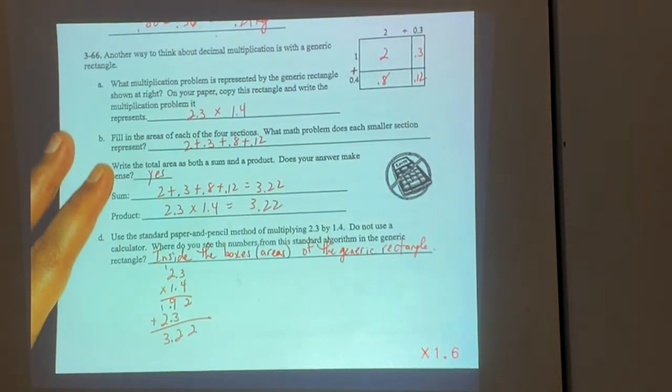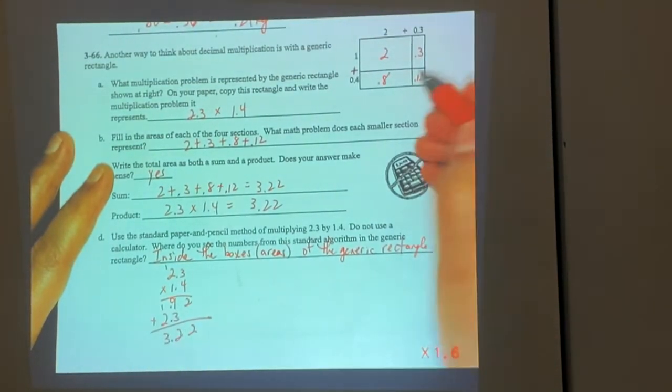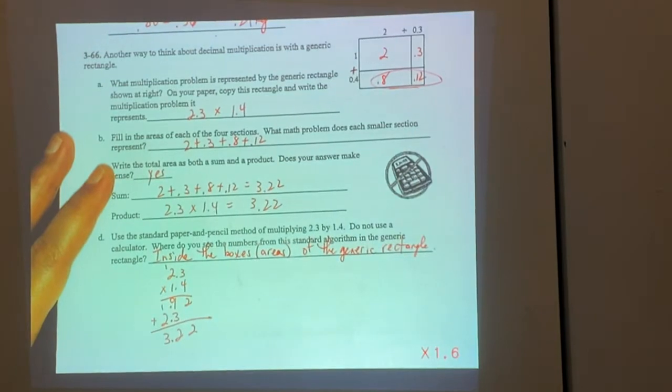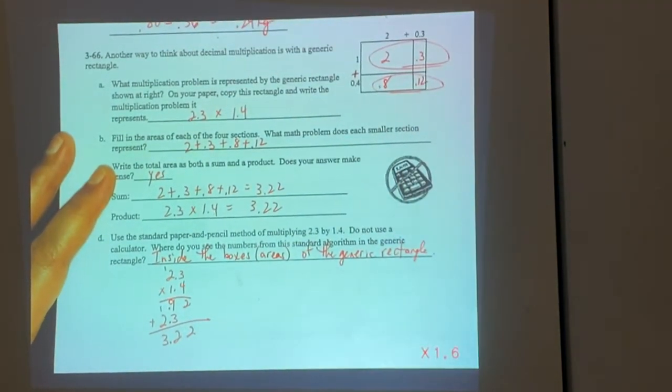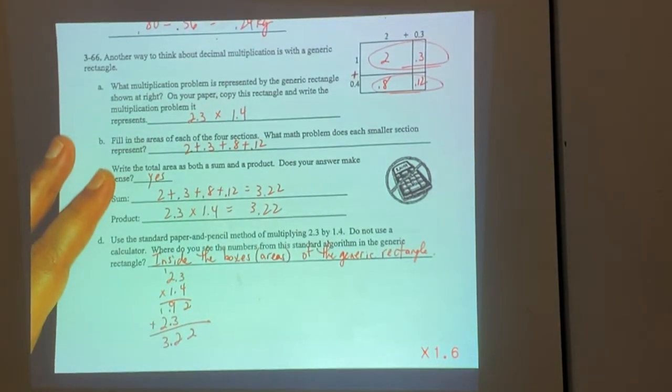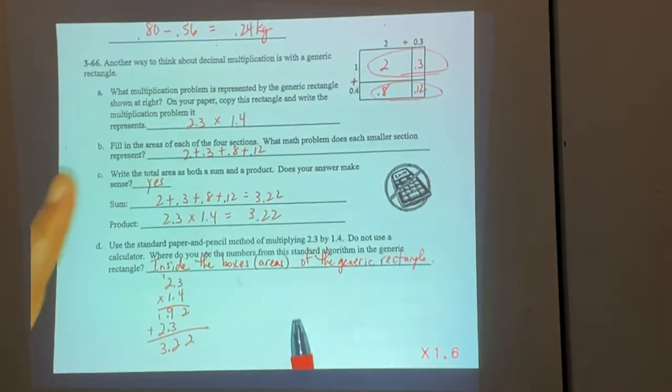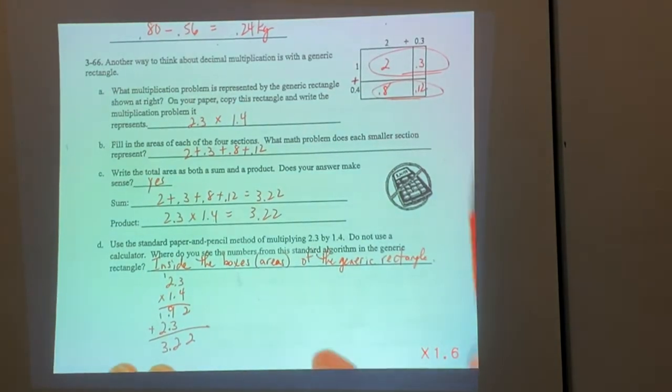Okay? Because this 0.92 came from here. You still see that? Yeah. And the 2.3 came from here. Alright. Let's go to the next page.